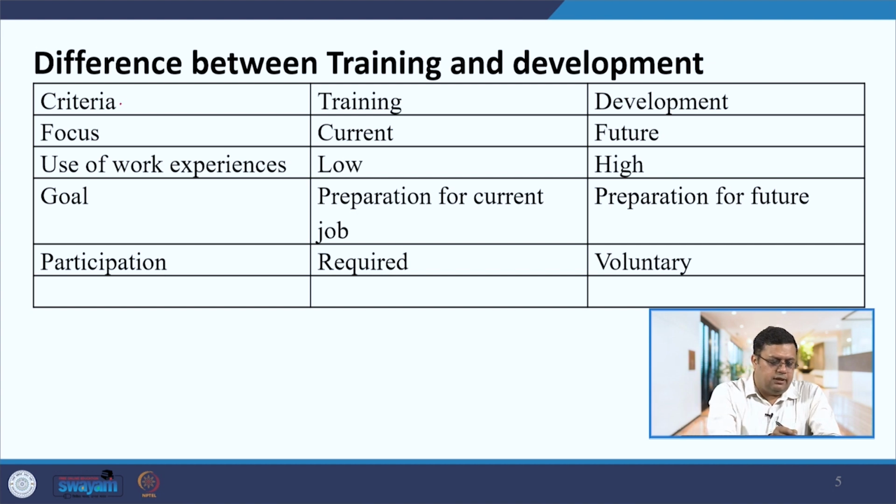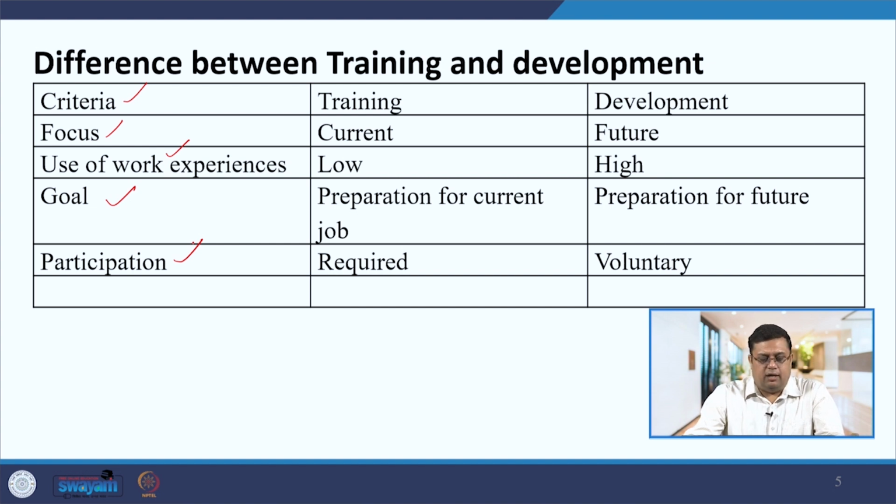So these are the criteria that you can see: focus, use of work experience, goal and participation. On these four criteria, we can differentiate training from development, right.